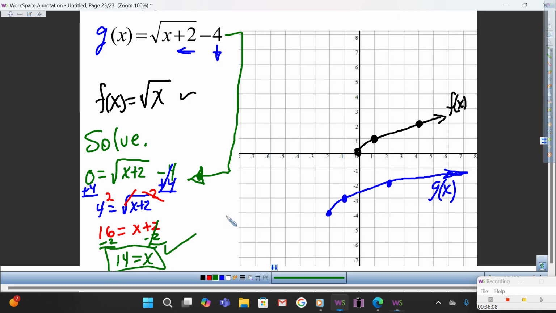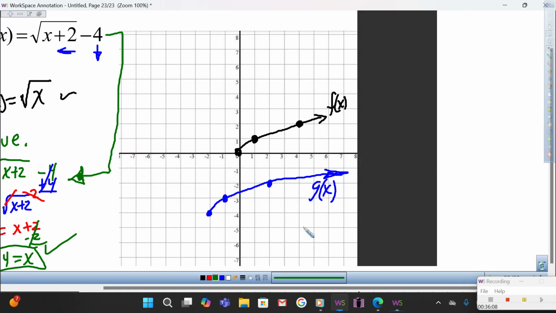What does this mean? Tell your neighbor, what does that number mean? Where the graph is going to cross. So if we were to continue the arrow, we go to, let's see, this is 8, 9, 10, 11, 12, 13, and guess what?